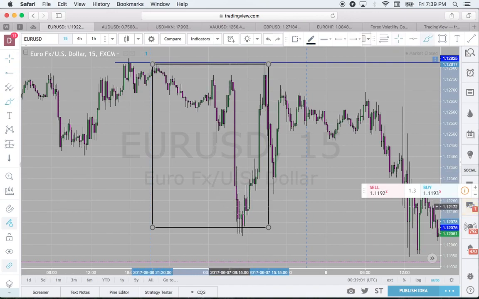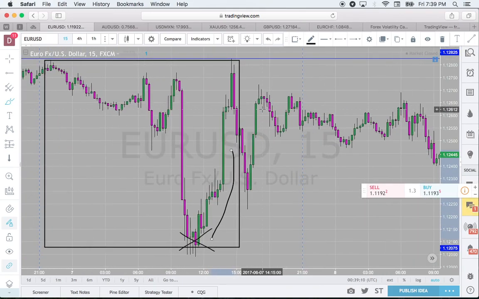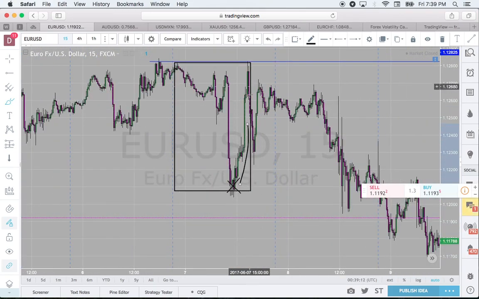Alright, I'm taking this long, right? It shoots up. The daily range has been filled. So what will the dealer do? Upon filling the daily range, the dealer will either reverse or consolidate and end the day.